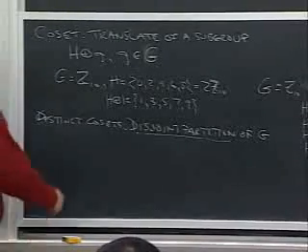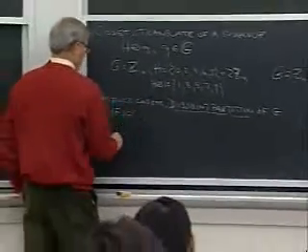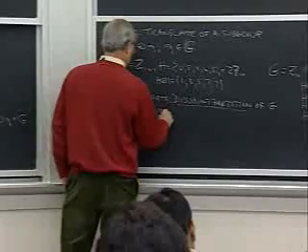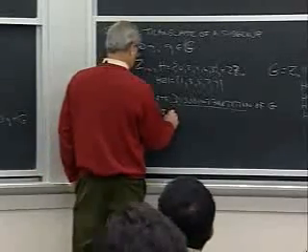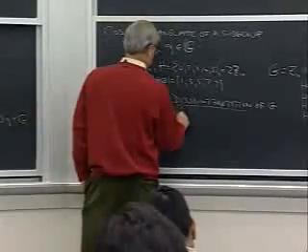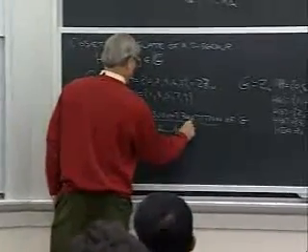And in the finite case, that gives us an early famous theorem attributed to Lagrange. What does that mean? This means that h has to divide g.